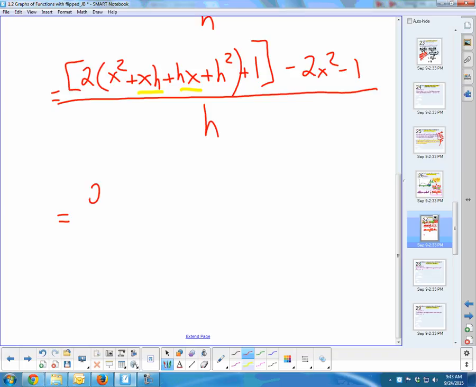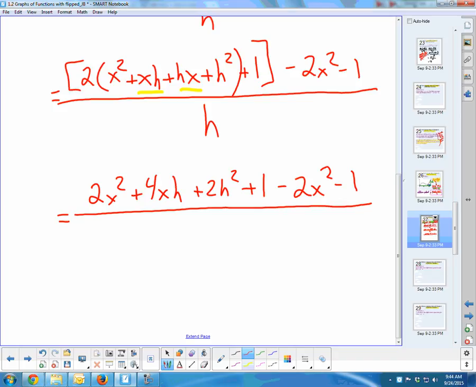That is going to give me 2x squared plus 4xh, because I have 2 xh's in the parentheses and then the 2 from outside the parentheses. Plus 2h squared plus 1 minus 2x squared minus 1, all over h.